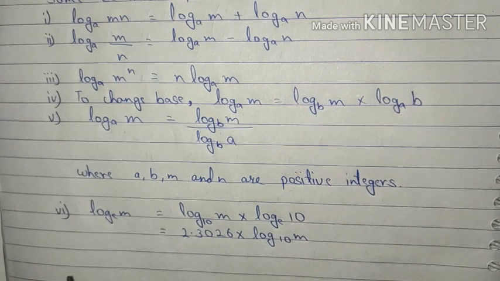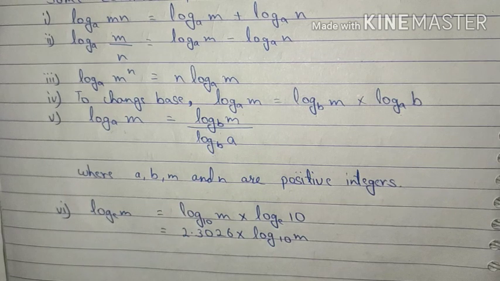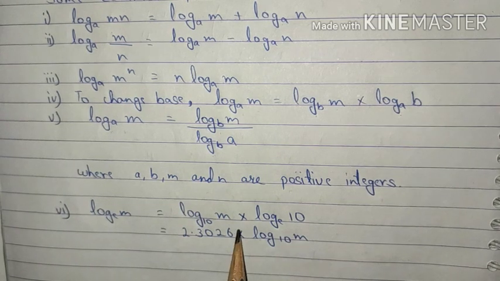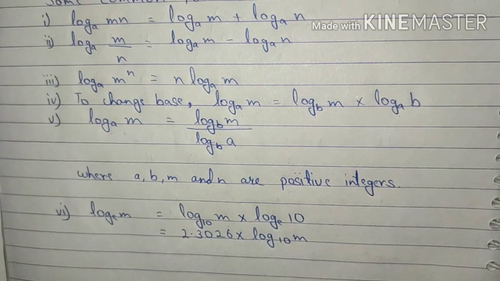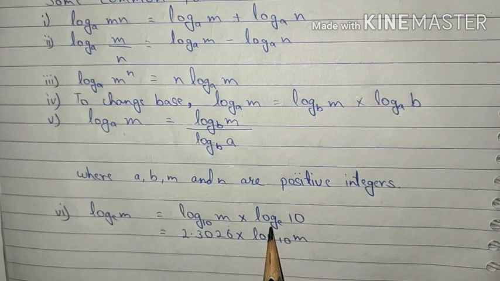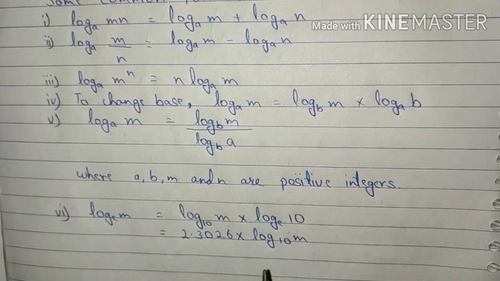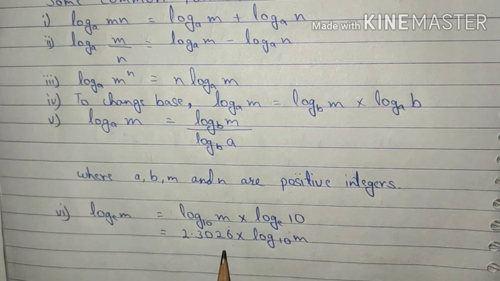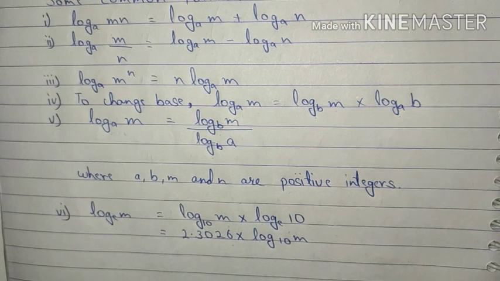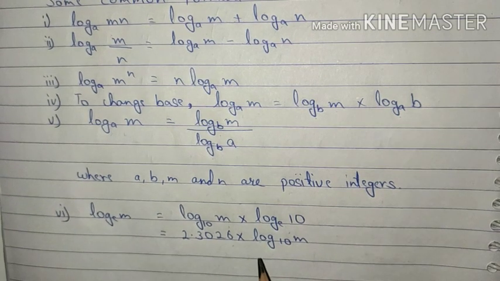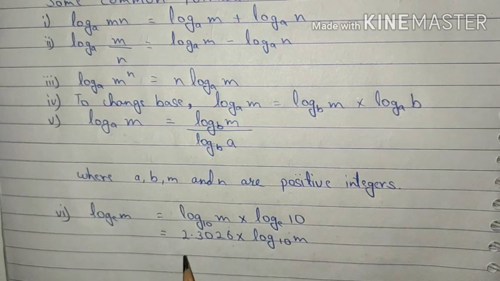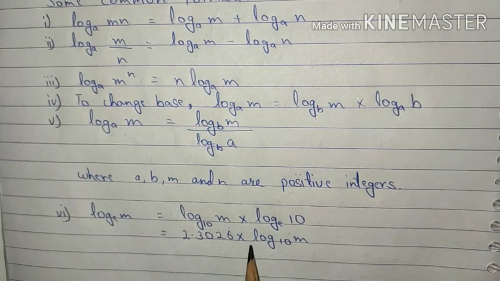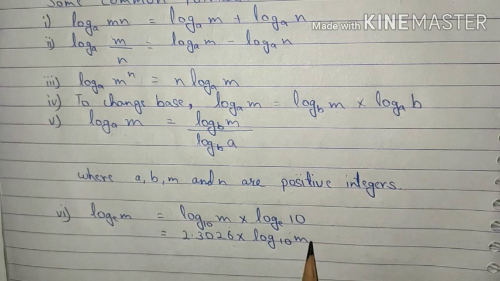Further, log to the base e of m can be written as log to the base 10 of m into log to the base e of 10. Since the value of log to the base e of 10 is 2.3026, which is normally taken as 2.303, so putting the value, we have 2.3026 into log 10 of m.